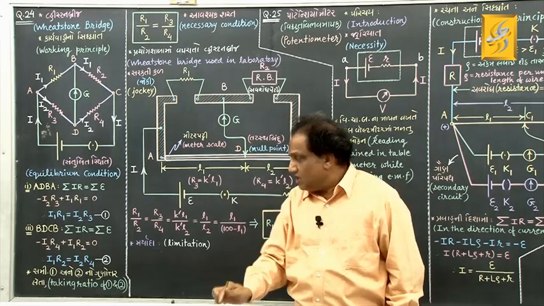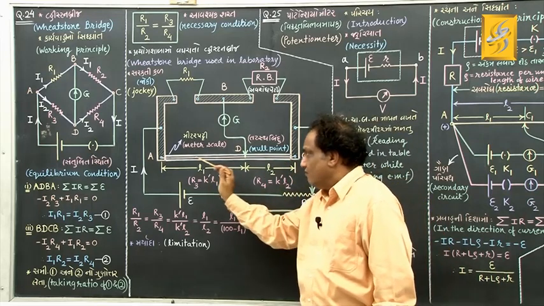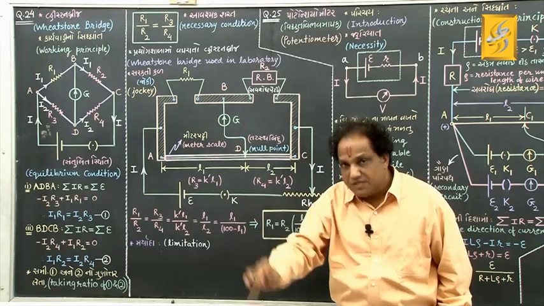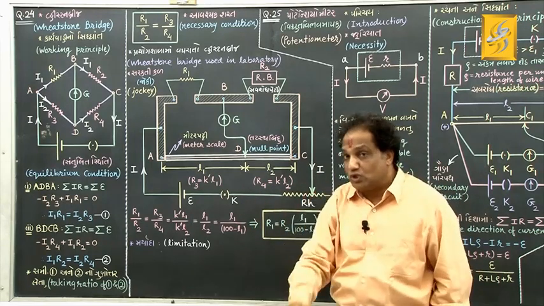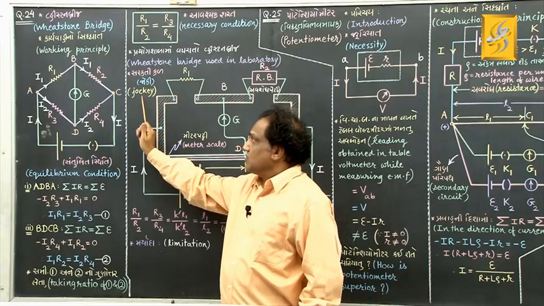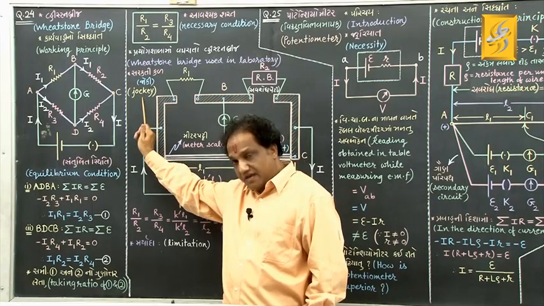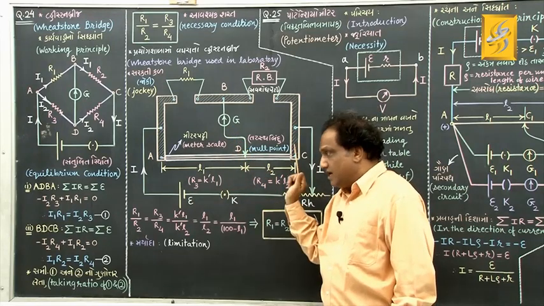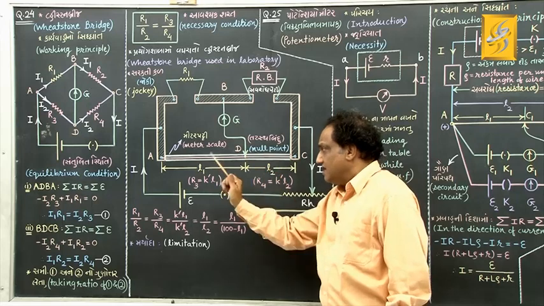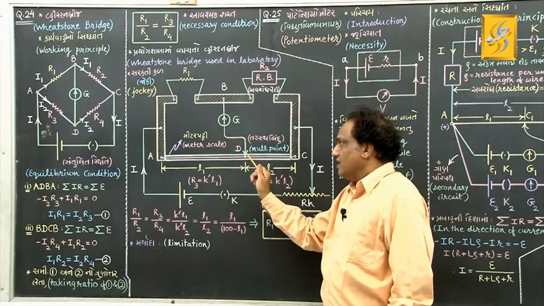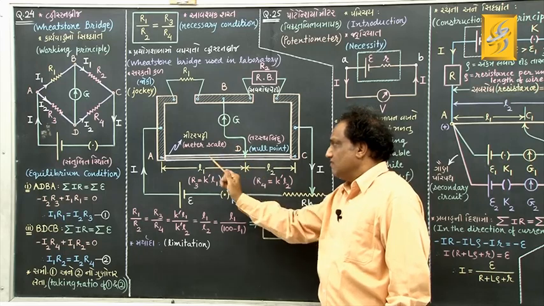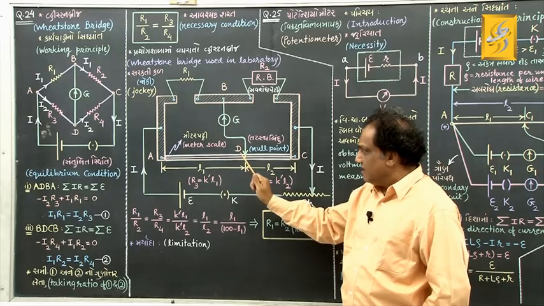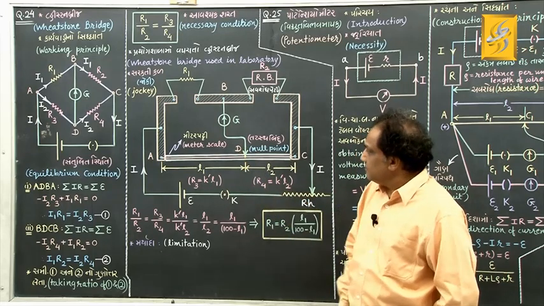That key is such that you can slide it on the wire, making it touch at any desired point. Such a sliding key is also known as a jockey. Because this terminal is connected to the jockey and its position can be changed, I am showing this sort of curved wire. Let the point of contact of the jockey with the wire be point D.